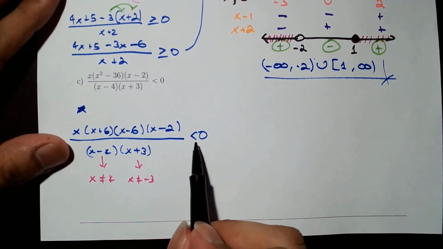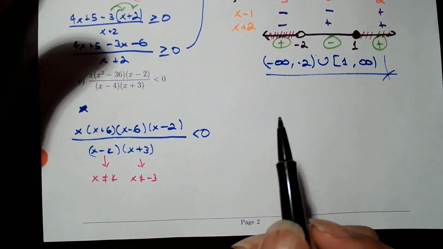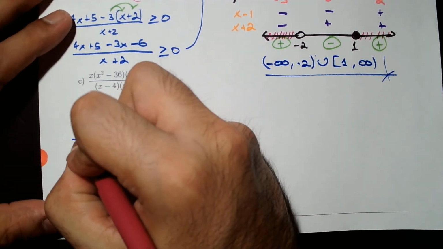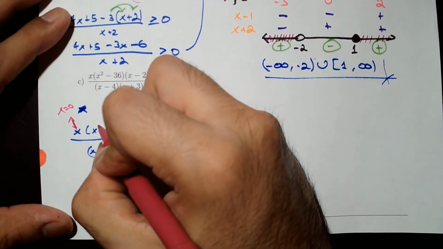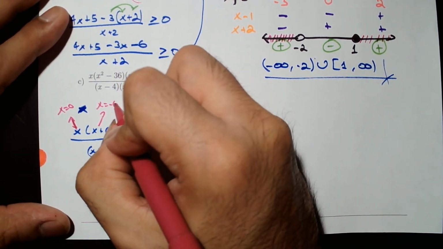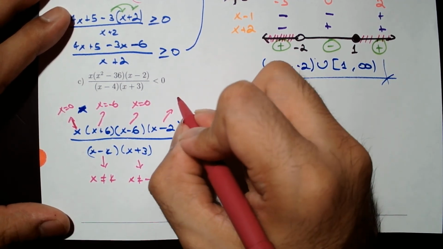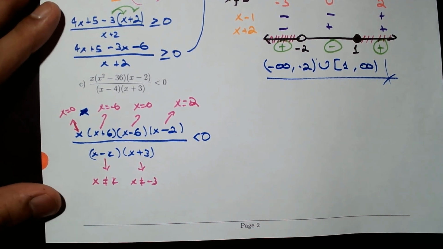Had we had the equal here, only the zeros from the numerator would go with full bubbles, and these two only with an open bubble. So from here we get the following: x equals 0, x equals negative 6, x equals 6, and x equals 2. Those are going to be the critical numbers.